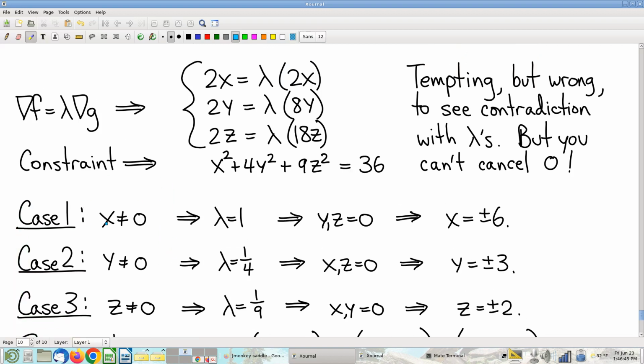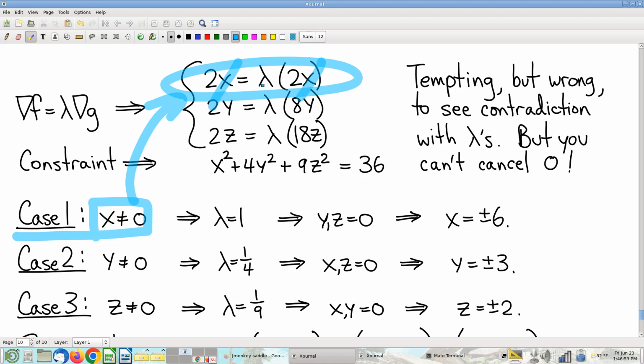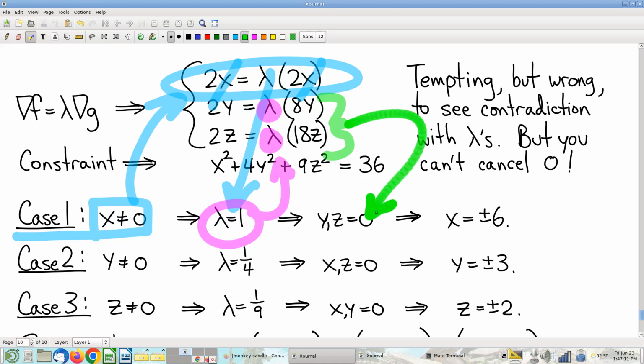We'll start with x being non-zero, in which case I cancel and lambda has to equal 1, which I can then plug in to here and here, and these equations tell me y and z are both 0.